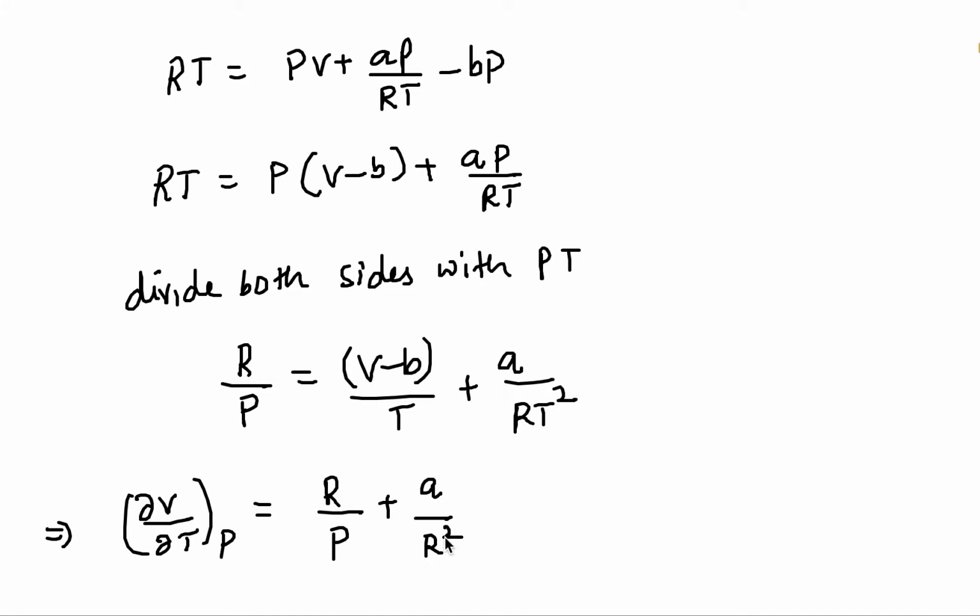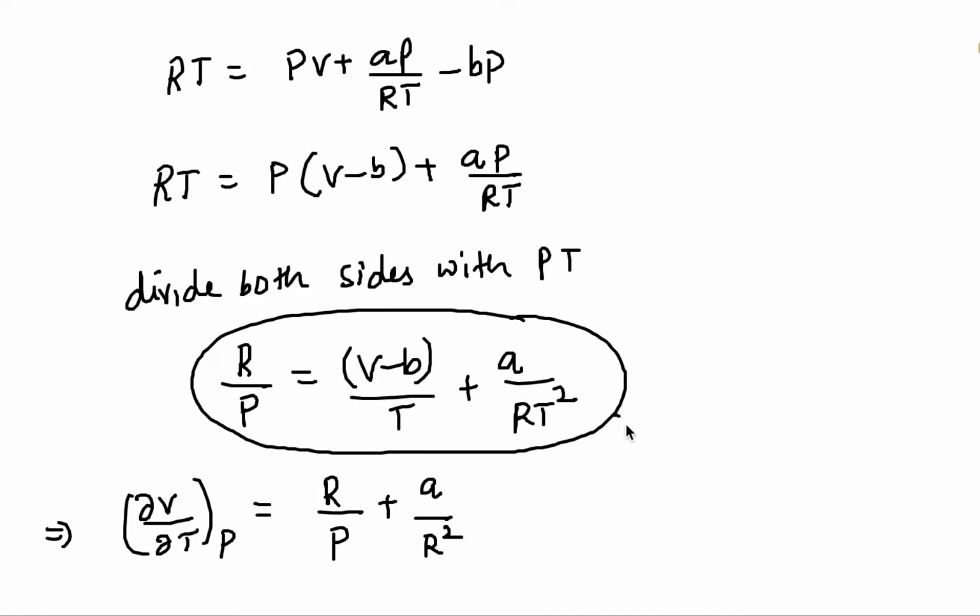Now let's substitute this one in the place of R over P here. So dou V over dou T at constant pressure is V minus B over T plus A over RT squared plus A over RT squared. I'm sorry, I did not write the T squared here.